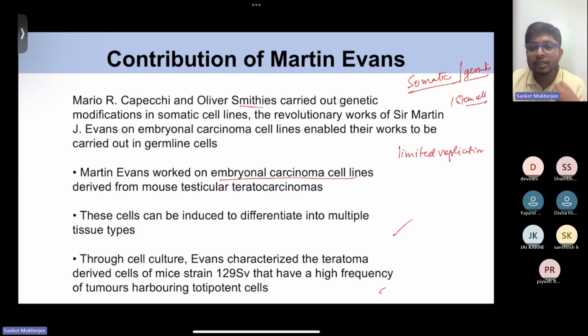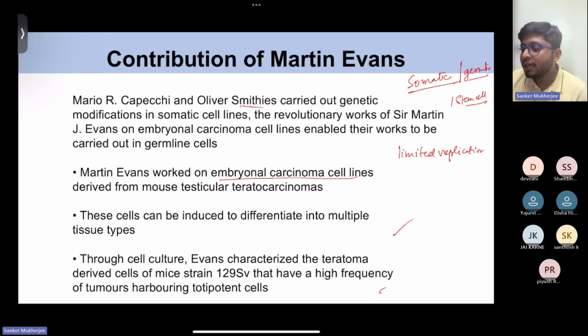Or, let's say, not blood, but skin cancer, any form of skin cancer. If you're trying to modify individual skin cells, it's a very hectic process.